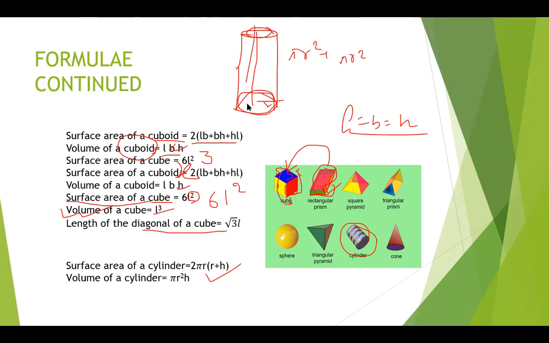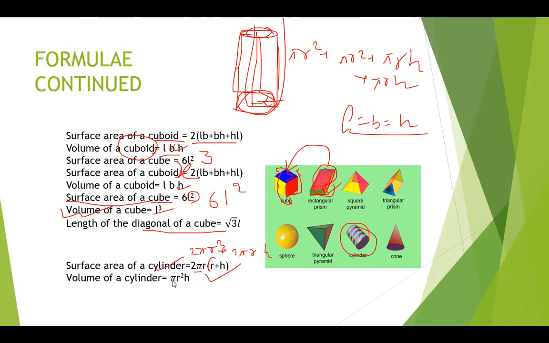And these 2, this face and this face, look like rectangles. Their areas are given by 2 pi r h. So I can say it as 2 pi r is common, 2 pi r into (r plus h), or you can also call it 2 pi r square plus 2 pi r h. This is the surface area of a cylinder.